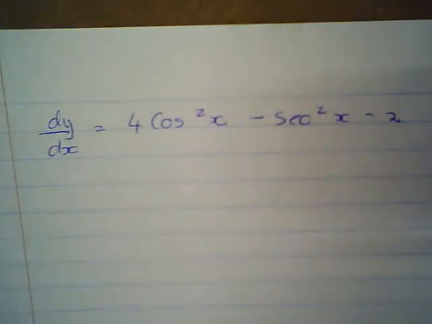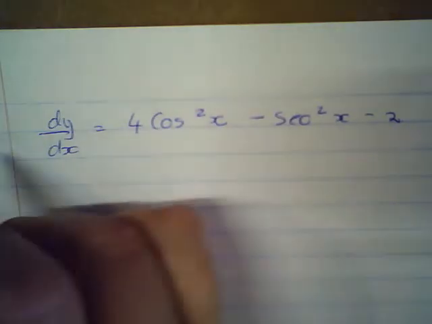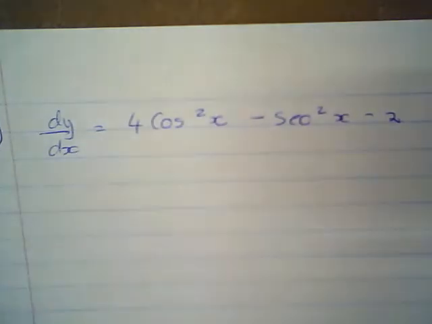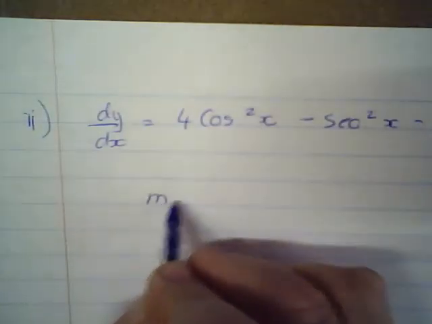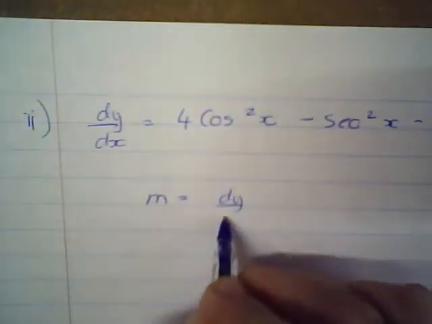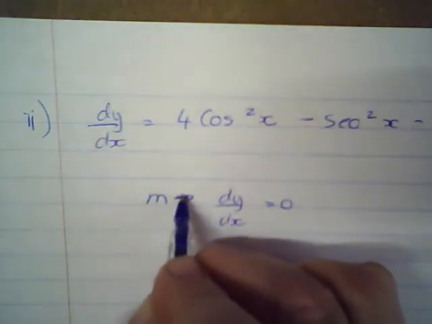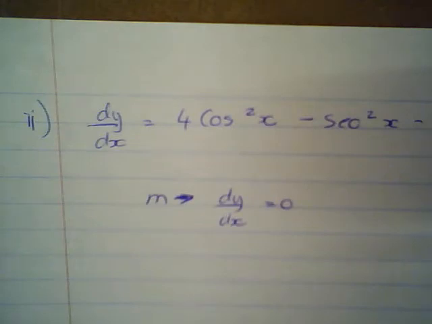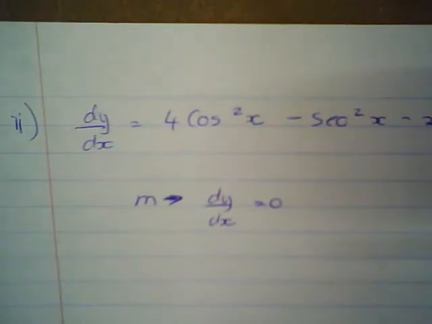The next part of the question is, hence, find the x coordinate of M. What do we need to do for M? M would be where dy/dx is equal to 0, because they say it is the maximum point, M. So let's put the derivative equal to 0.